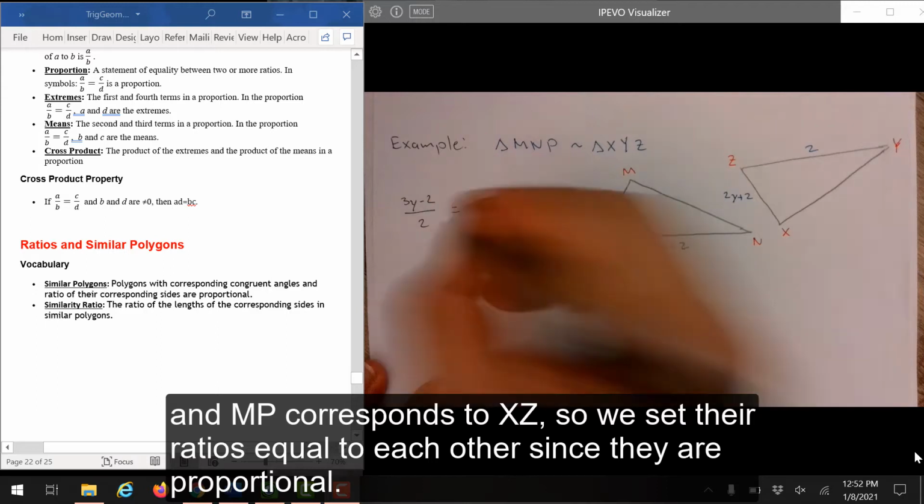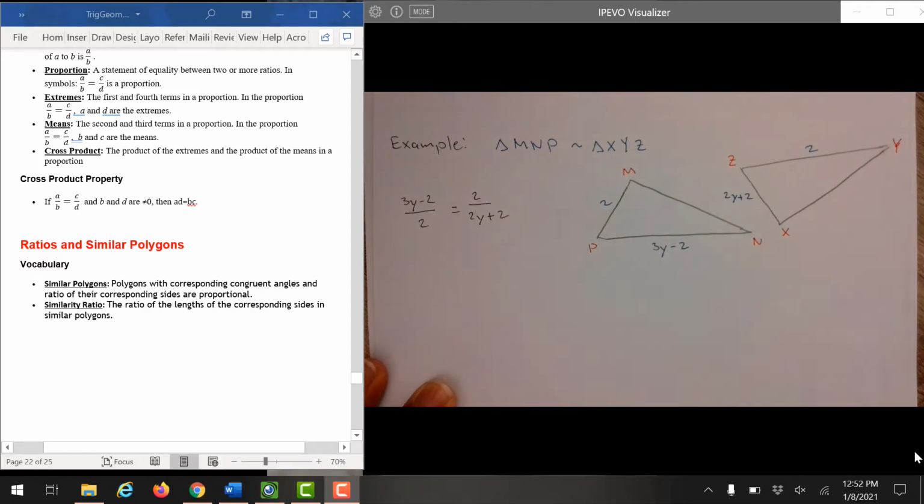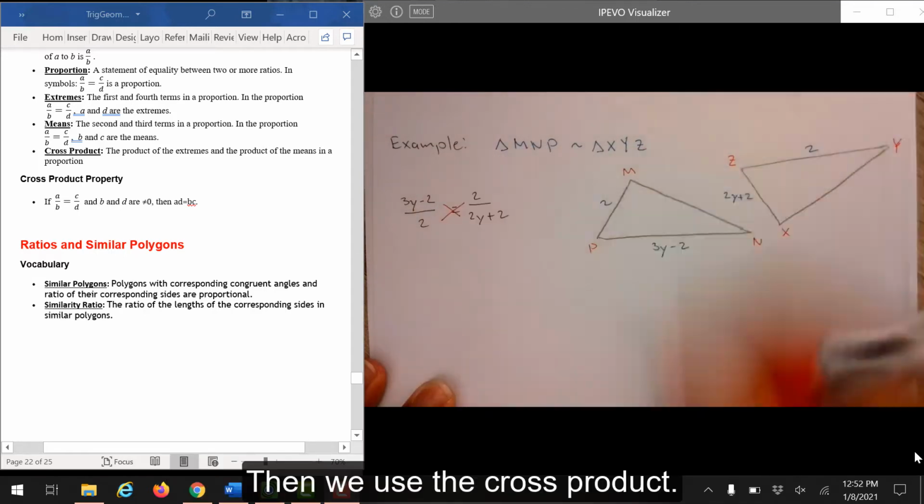So we set their ratios equal to each other since they are proportional. Then we use the cross product.